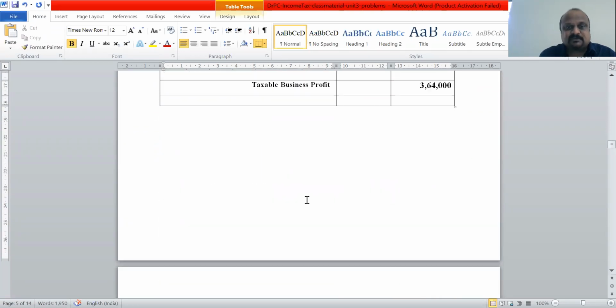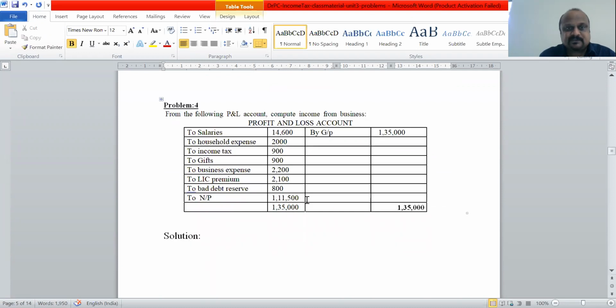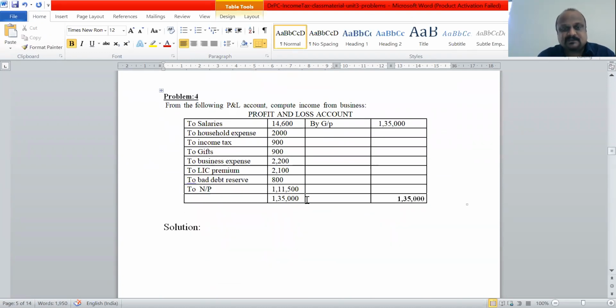So let us go to the next problem now. See this. You have to compute income from business, or profit from business, which is going to be taxed, from the following.